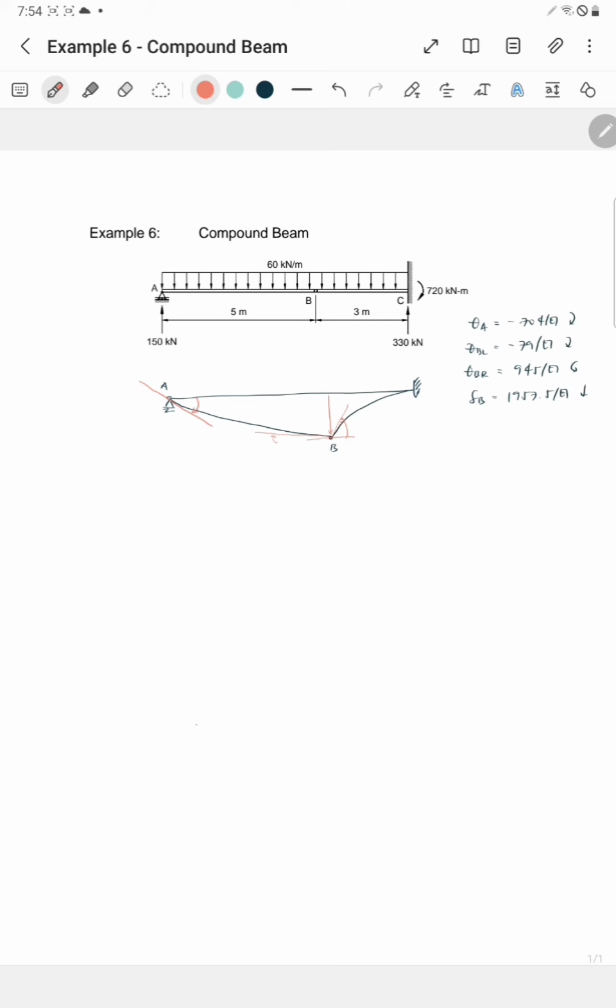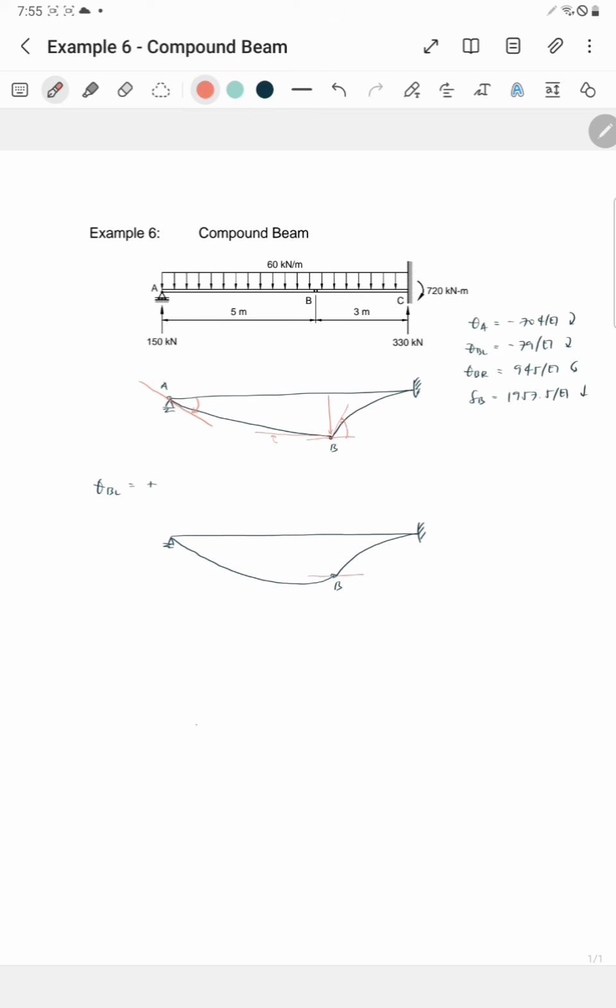So in our elastic curve, obviously, the lowest point is at point B. Then, for example, if theta B left were positive, so counterclockwise, this is what would happen. Okay, this would be the elastic curve if theta B left is positive. So at point B, we make a horizontal line.